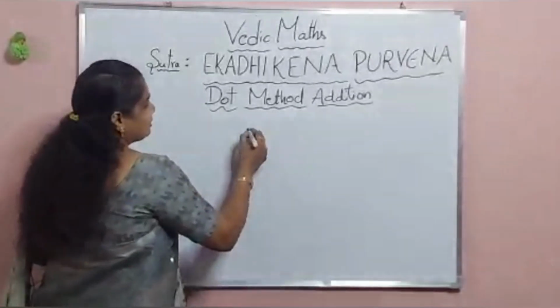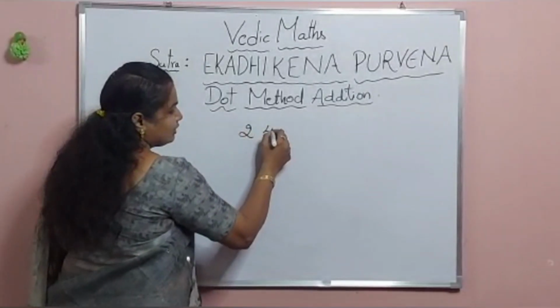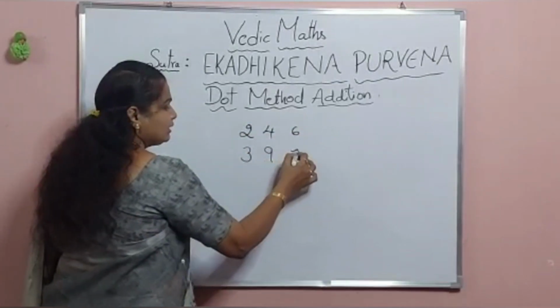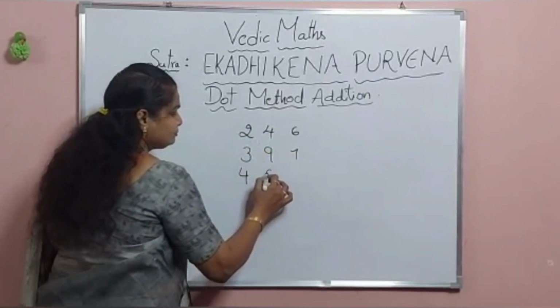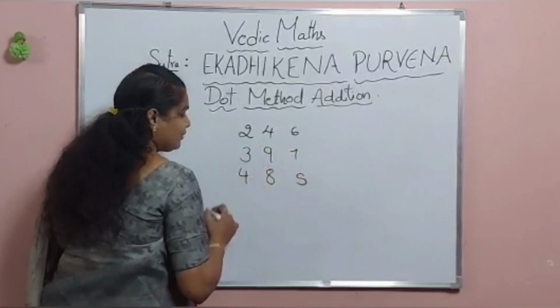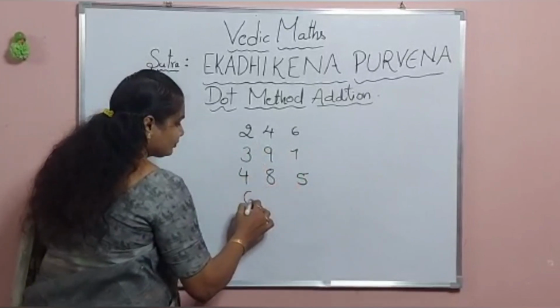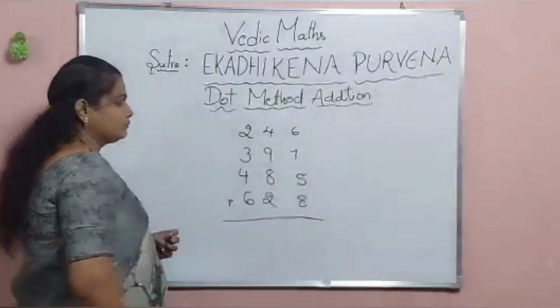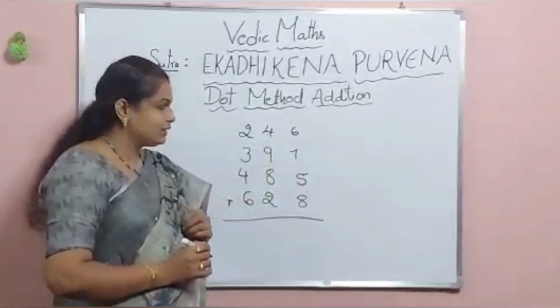So let me take one more example of 246, 397, 485, 628. Yes, so let's try this.